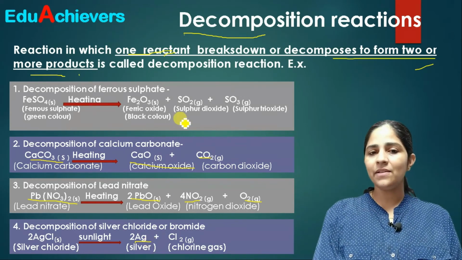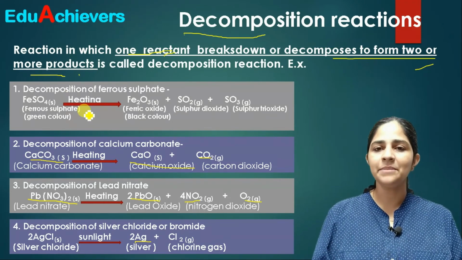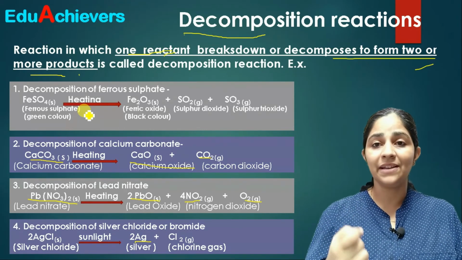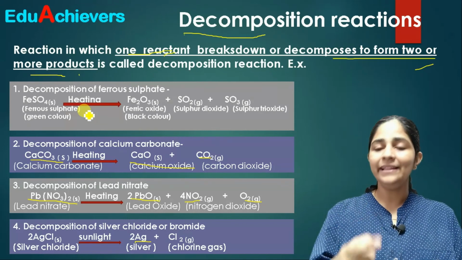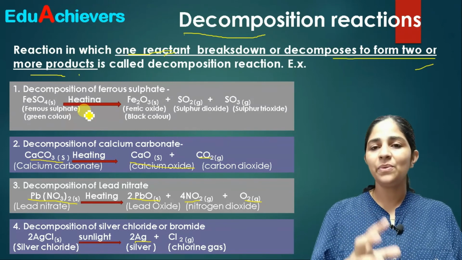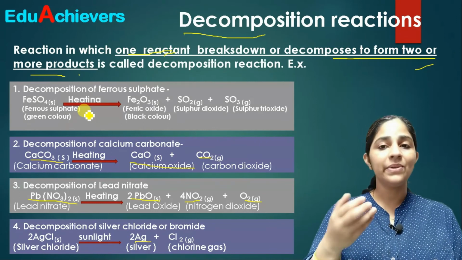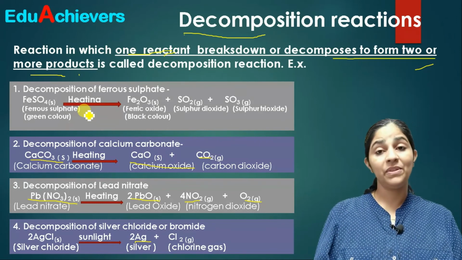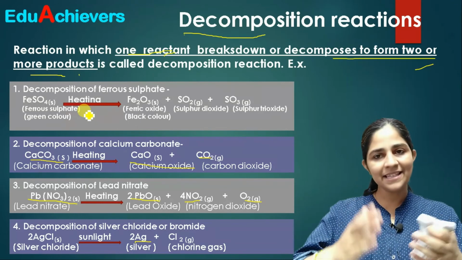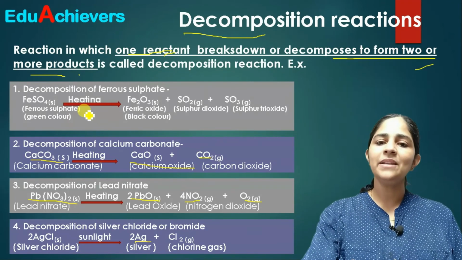One more thing you can notice in these decomposition reactions is that some amount of heat or energy is always involved, either by direct heating or by absorbing sunlight. For one molecule to be broken down, some energy is absorbed, which is used up in breaking bonds so that new bonds can be formed. So this is about decomposition reactions.